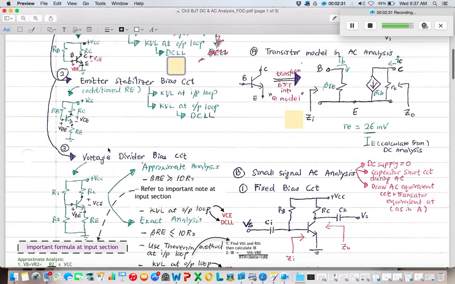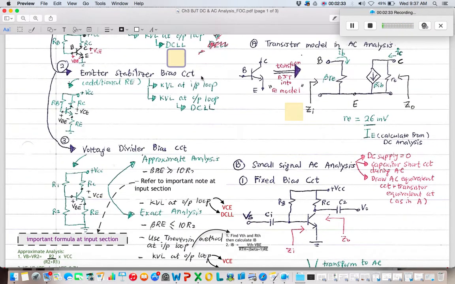Next is the emitter stabilizer bias circuit. In emitter stabilizer bias circuit, we add additional RE at E terminal. So instead of having only RB and RC as in fixed bias circuit, we have another resistor RE. Again, please write down the plus VCE and plus VBE, so that each time you do the KVL, you don't miss them out in your calculation.